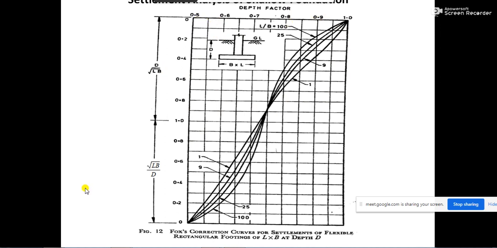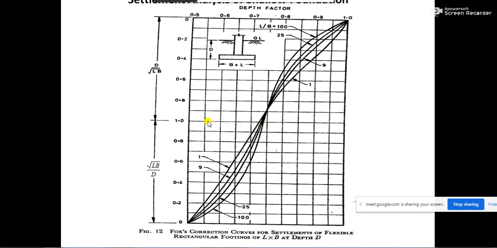On the other hand, this 1 by d over root over LB is nothing but root over LB by d. So if you get the value of root over LB by d between 0 to 1, then you pick up the values from this portion of the curve.